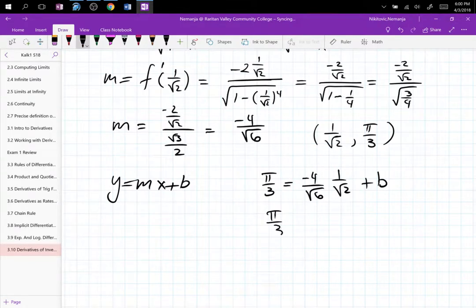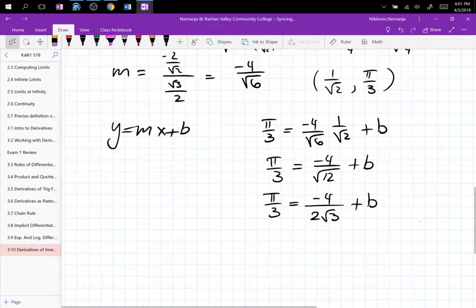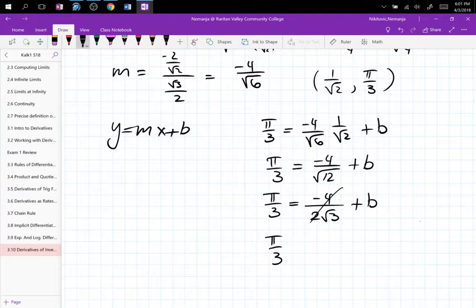So pi over 3 is equal to -4 over root 12, but that can be simplified, plus b. Root 12 is 2 root 3. So this is -4 over 2 root 3 plus b. And these guys now cancel. So you have pi over 3 is equal to -2 over root 3 plus b.